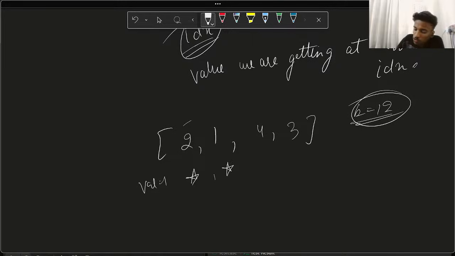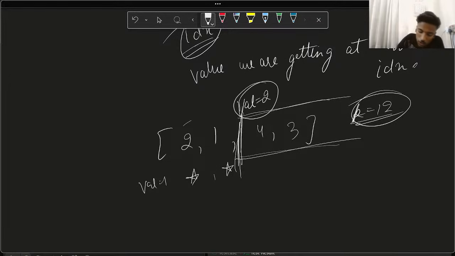So in order to make it 12, if in this particular array, from here till the end, I am having val equal to 2, what does dp of I comma val mean?